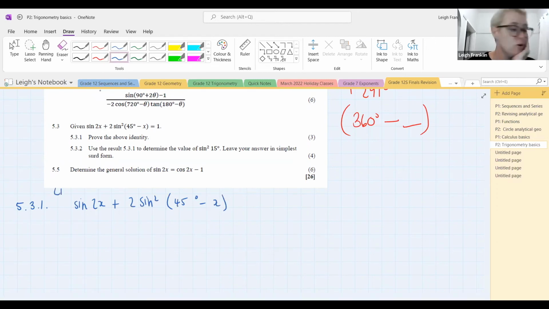So essentially, this is what we've got on our left-hand side. Now again, in order to get to a solution, we need to be creative.